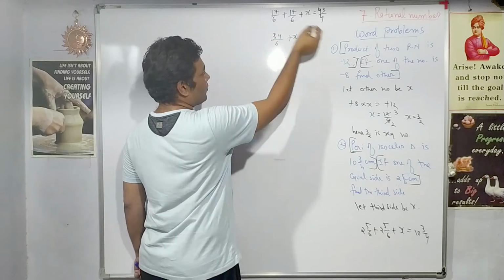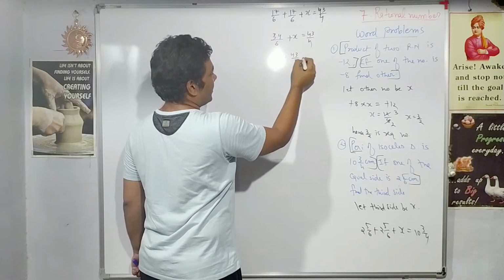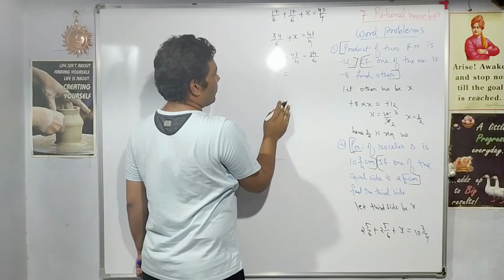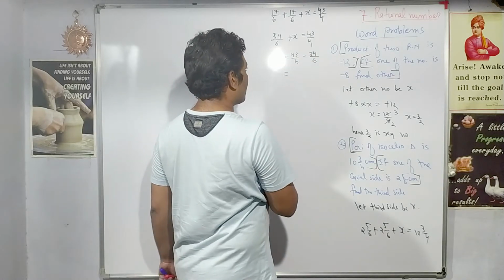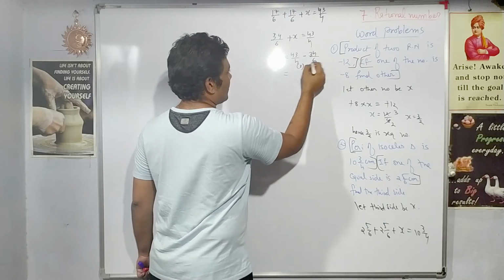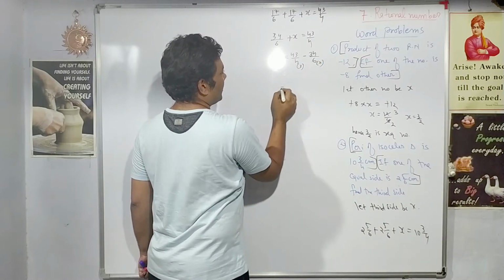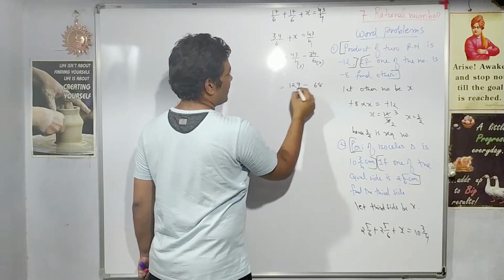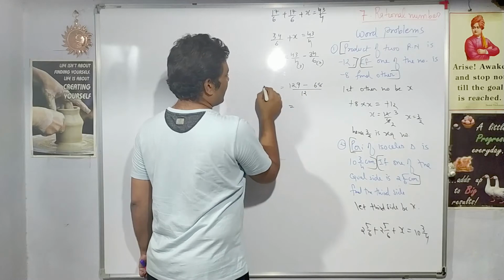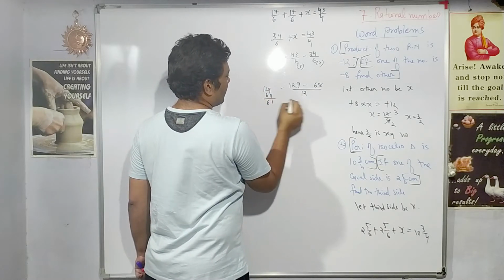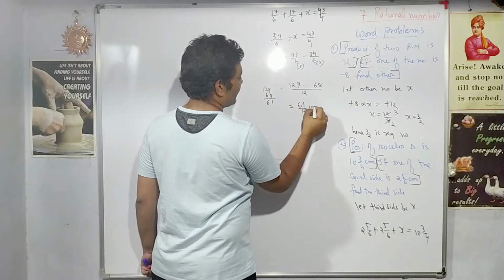X as it is. If you shift this number to the other side, it will become negative, correct? So now what will be the LCM of 4 and 6? 12. So 3 times 43 in the numerator is 129, and this side 68 upon 12. So if you do this subtraction, 61 upon 12 centimeter.